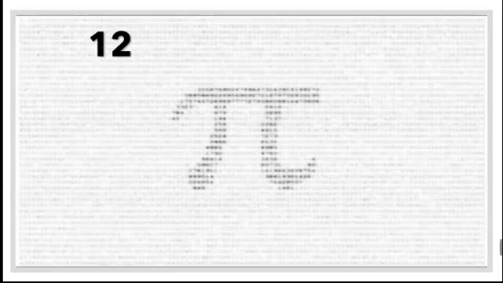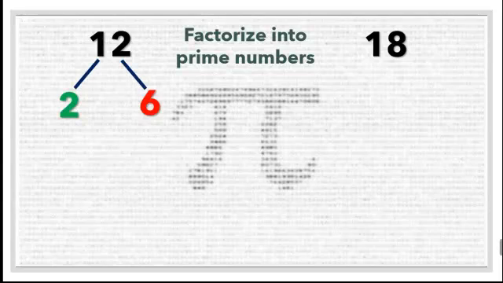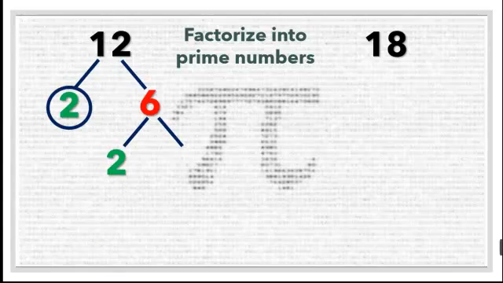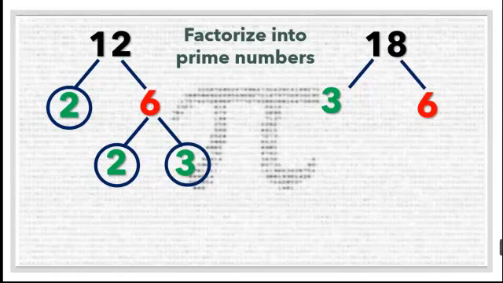I'm going to factorize 12 and 18 into their prime factors, just like the HCF. 12 is 2 and 6, 2 is prime, 6 is factorized into 2 and 3, and both of them are prime, so I got the prime factors. 18 is 2 and 9, or 3 and 6, whatever, it doesn't matter.